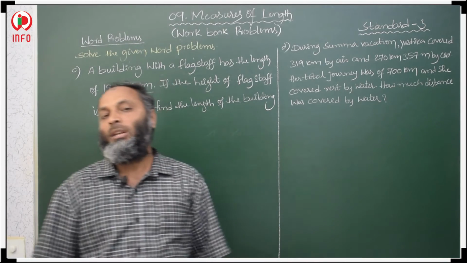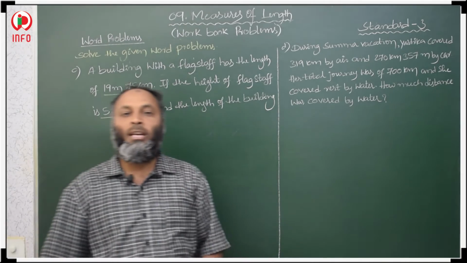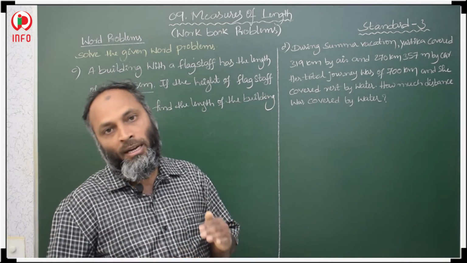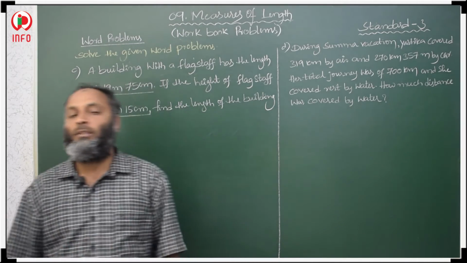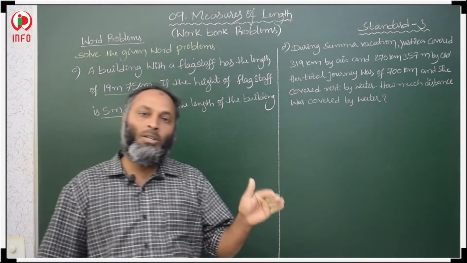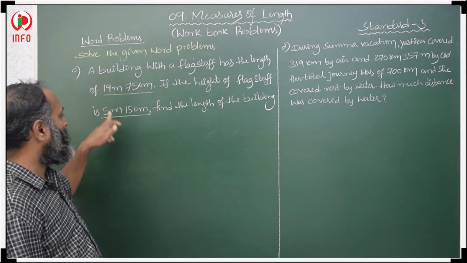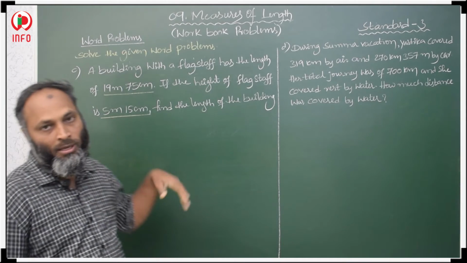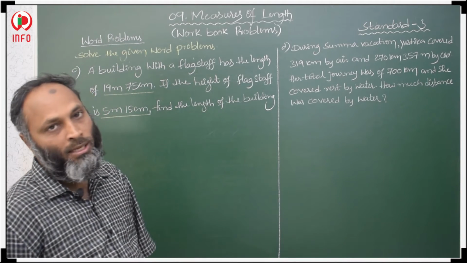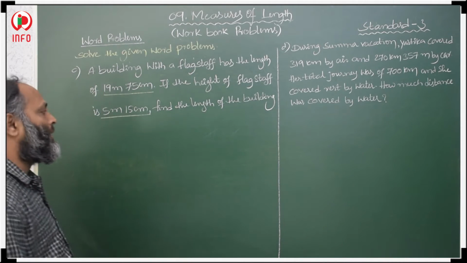The total building length with the flagstaff is given, 19 meters 75 centimeters. Only the building length is asked. So, from the total length with the flagstaff, if we subtract the length of the flagstaff, then you will get only the building length, which means the height.